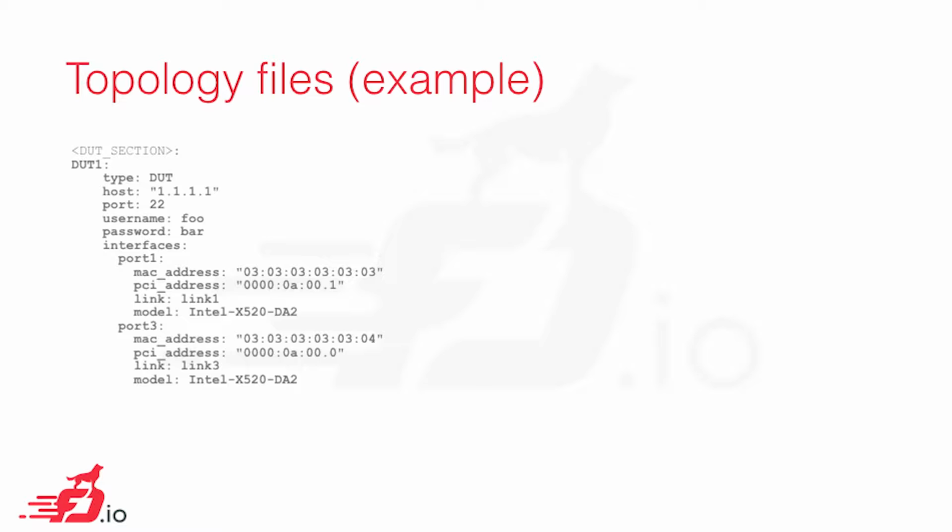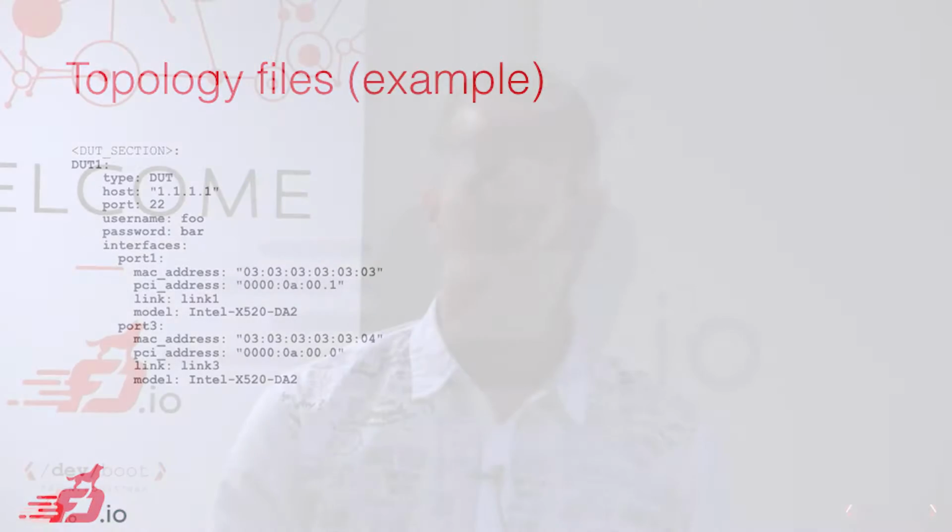the DUTs. This topology file is read at the beginning of the suite setup, and it is translated into a Python dictionary. And there is a library that allows you to define the path in the topology.